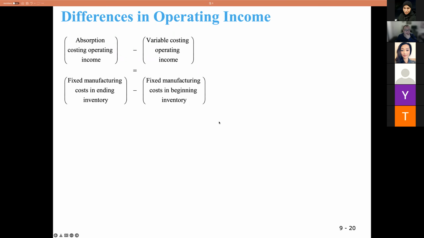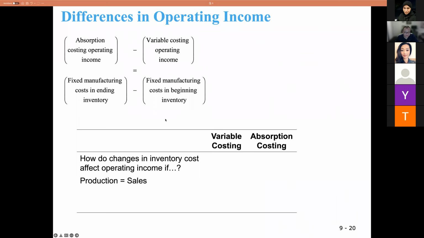Now I want to ask you a question, just to test if you really understand it. This question is about how changes in inventory cost affect operating income.